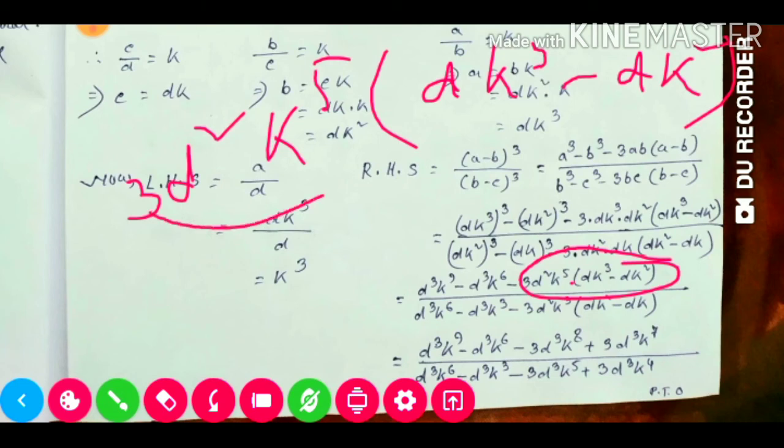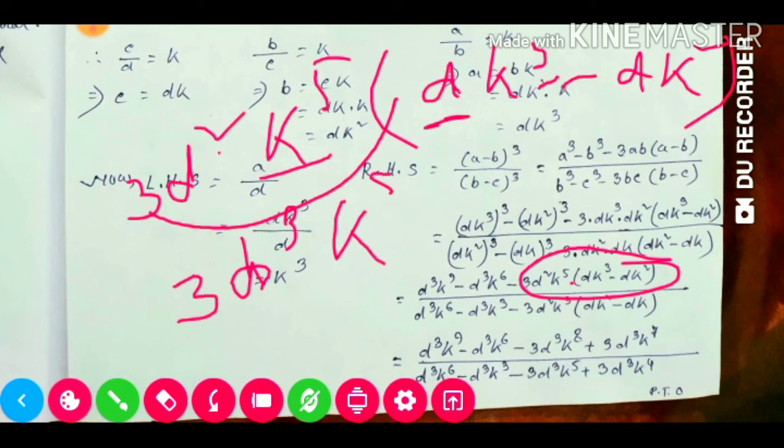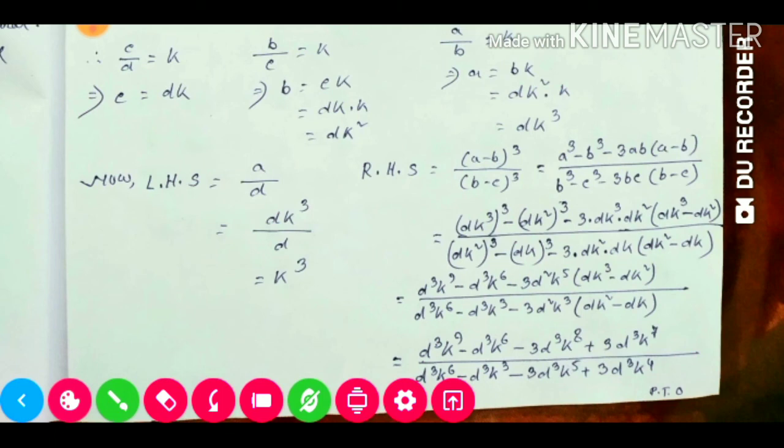So 3 into 1, here nothing means 1, so 3, and d here 2 times, here 1 time, so dk cube, and k here 5 times, here 3 times, so it will be 8 times. 5 plus 3 is equal to 8. Next here minus, this one is minus, here minus, so minus will be plus, and same multiplication we are getting. So down also same like this we are doing and we are getting this one.